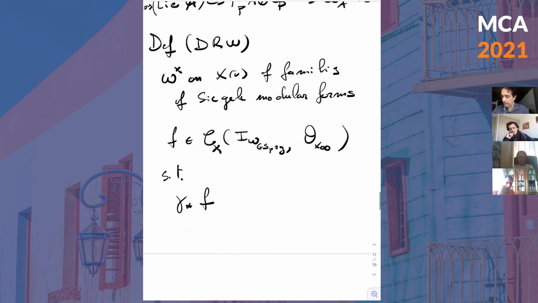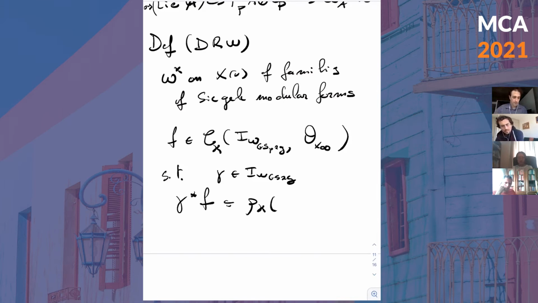So I can act with every gamma in the Iwahori subgroup of GSp_{2g}. When I take the pullback of my function f, taking the pullback in this way is the same as applying the representation rho kappa.